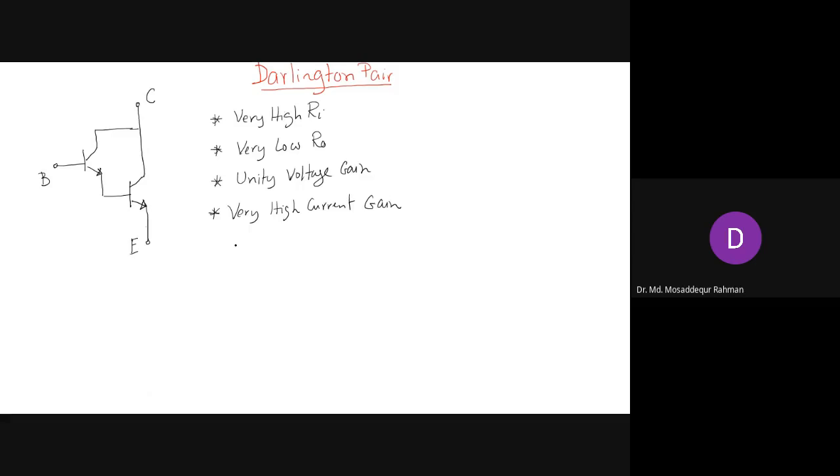So these are the features of this Darlington pair. We'll call it the BJT Darlington pair.